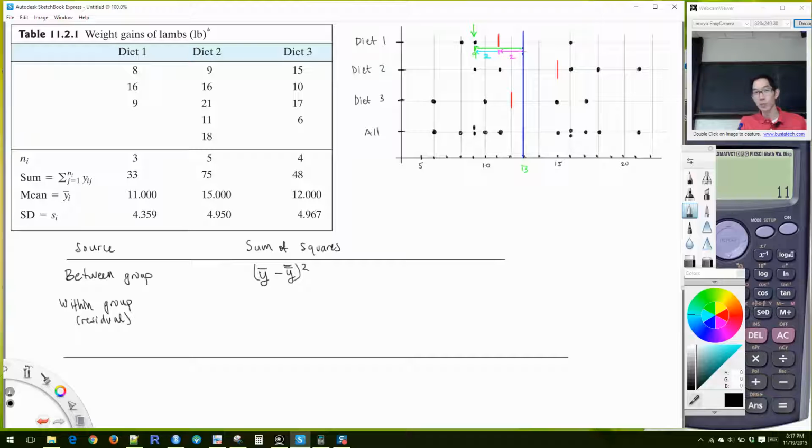All three of them would say that. And so we would take this quantity and multiply it by n, the number of data points in the group, and I would sum this up for all groups. Is that okay?